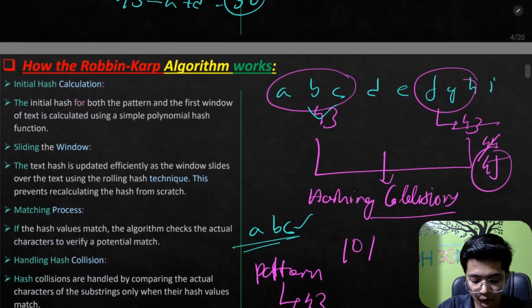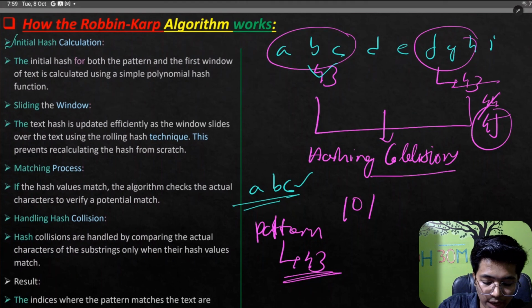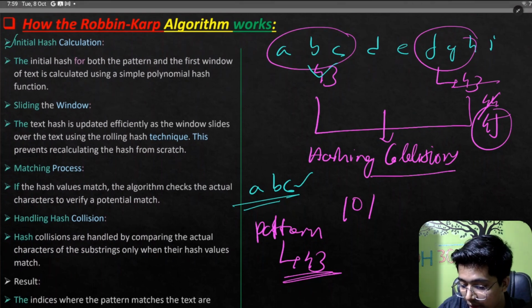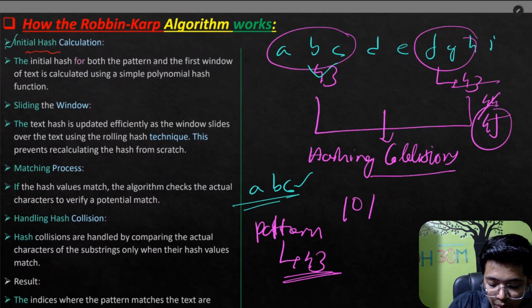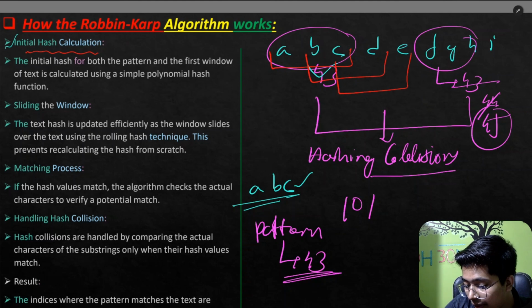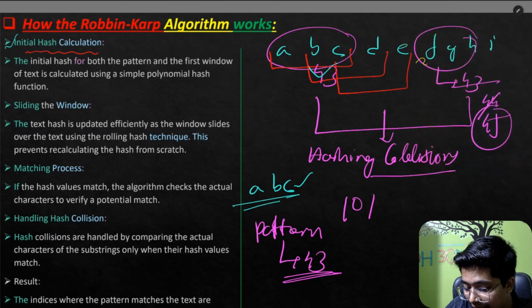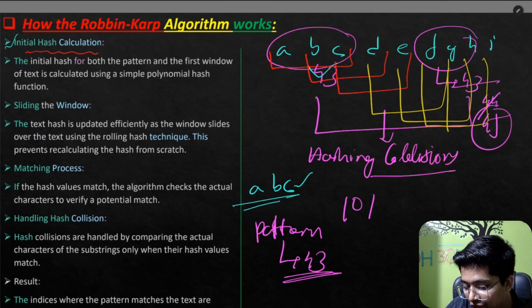So how we will make the code, I will explain through the code, which is the main portion. First we perform our initial hash calculation, because we calculate the hash for all the substrings: ABC, BCD, CDE, DEF, EFG, FGH, GHI.